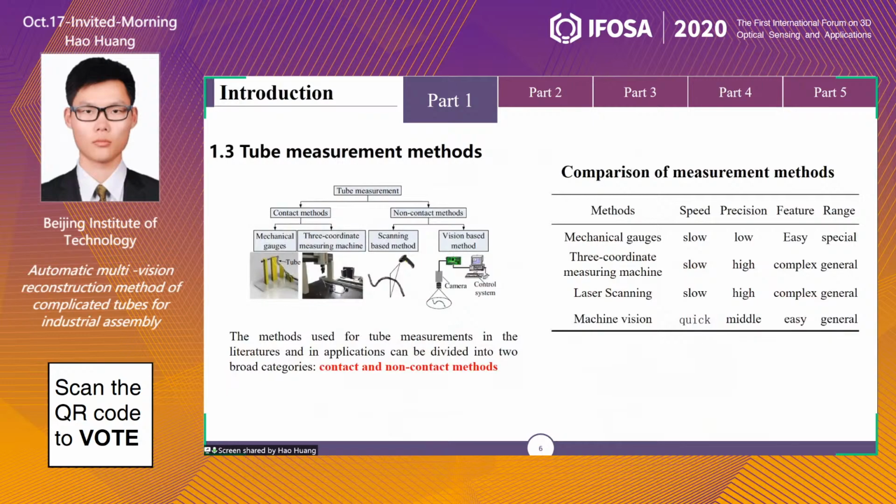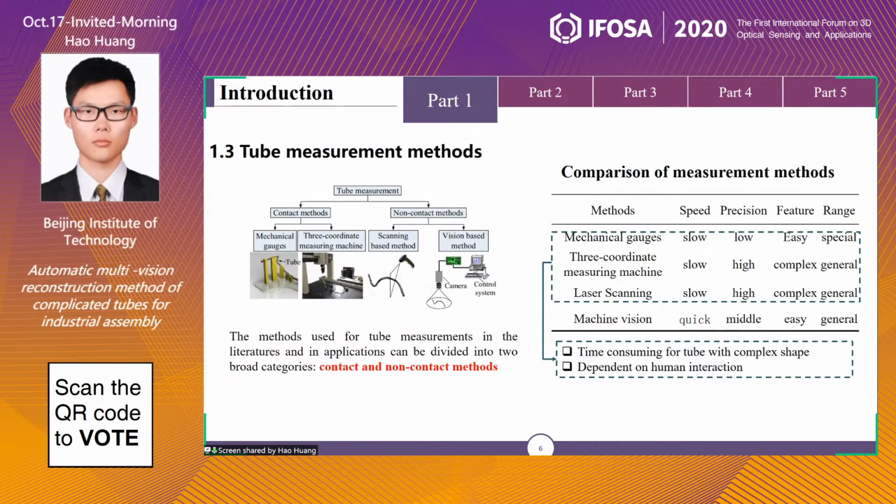At present, the methods used for tube measurement in the literature and in applications can be divided into 2 broad categories: contact and non-contact methods. The contact methods consist of mechanical gauges and coordinate measuring machines, and the non-contact methods include laser scanning and machine vision.